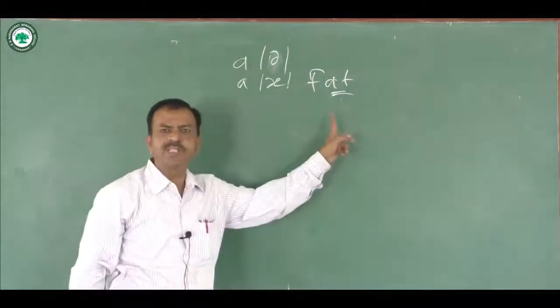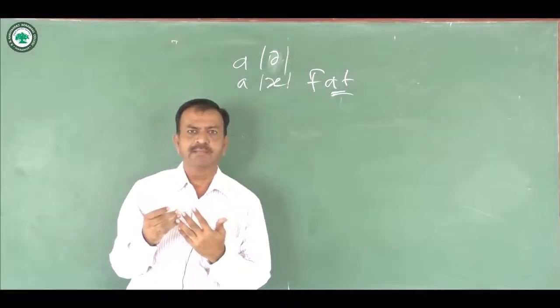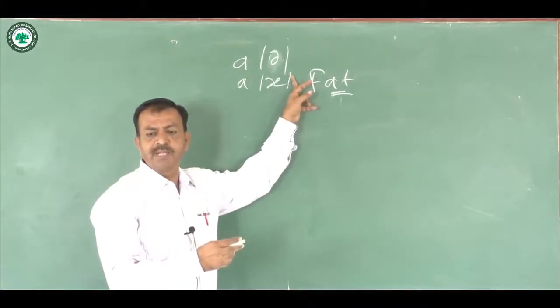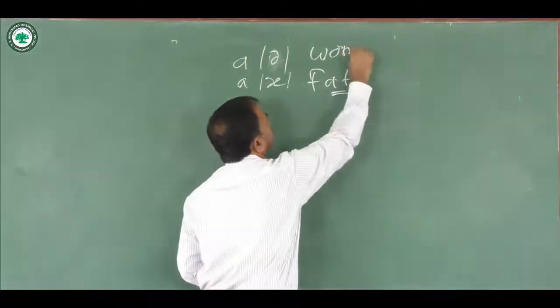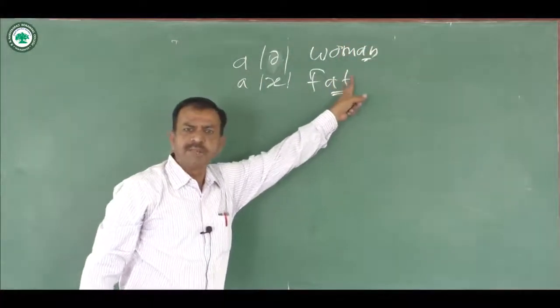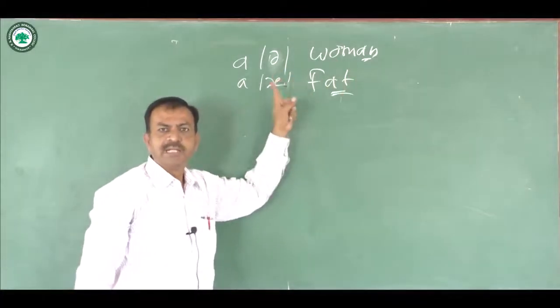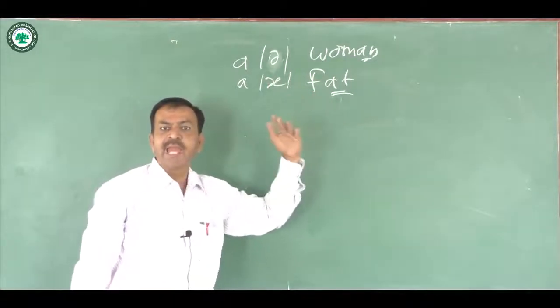So here the spelling is A, but the pronunciation is different from the first example. In the second example, A is pronounced as this new sound.